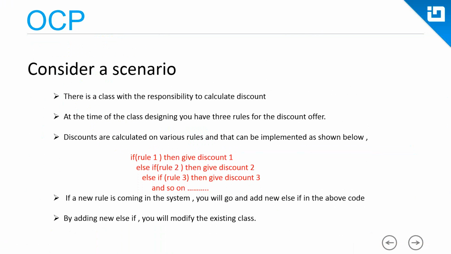And once you modify the existing class, you are violating the OCP, the open closed principle. You should not modify the existing class, because even if you do a single modification, ideally you have to retest the whole class, which you may not want. So once modified, you have to again test all the rules.